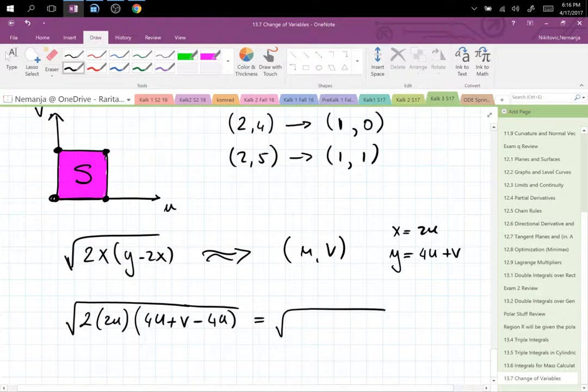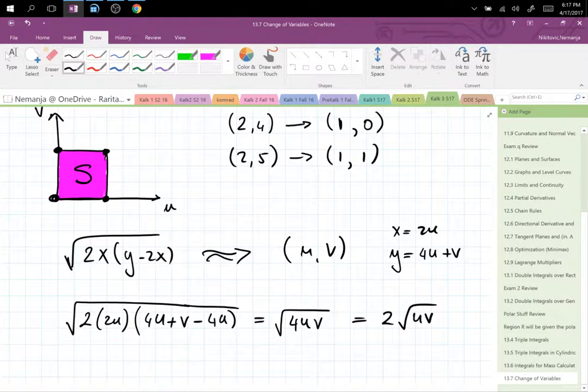It becomes 4u, and in parentheses, what do I get? These guys die, I just have v, right? Well, that worked out nice. So this is technically 2 square root of uv. Whew, nice. Awesome. So that is the transformation of the function.